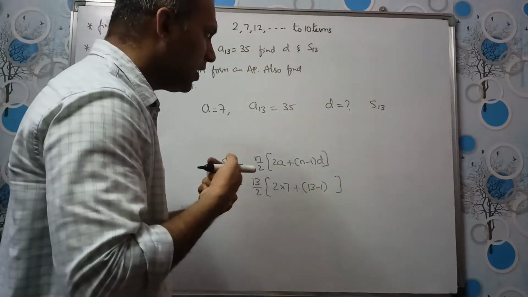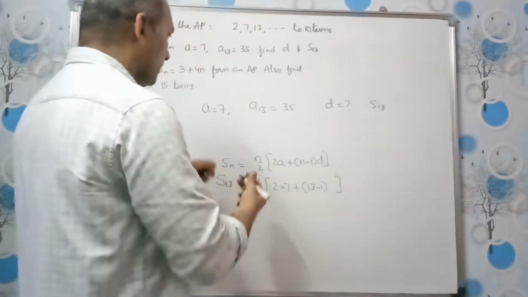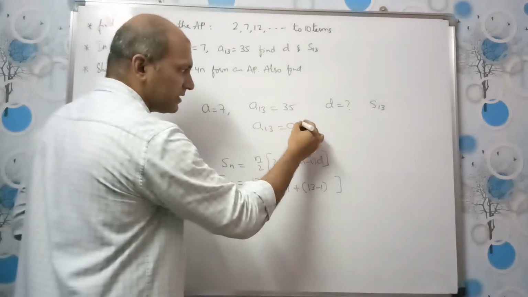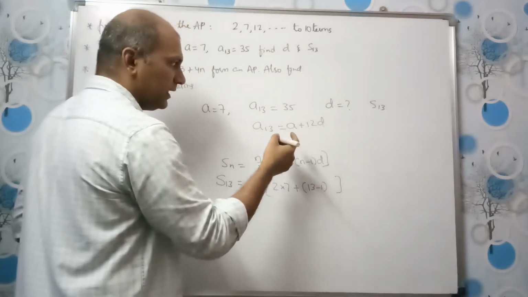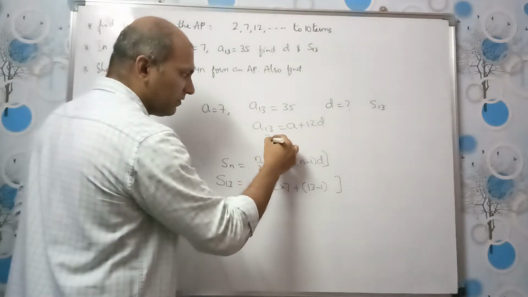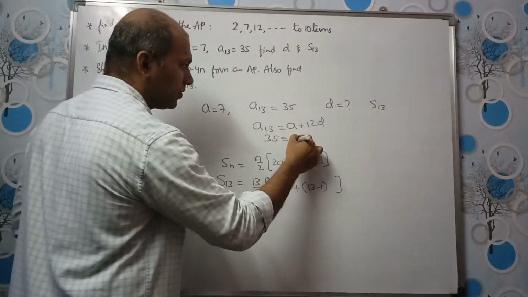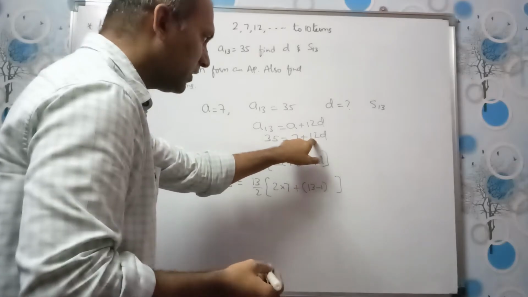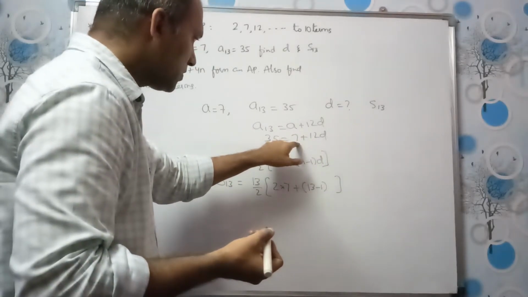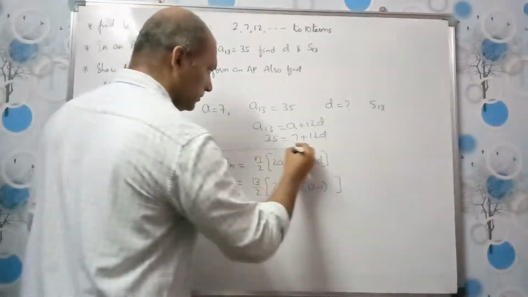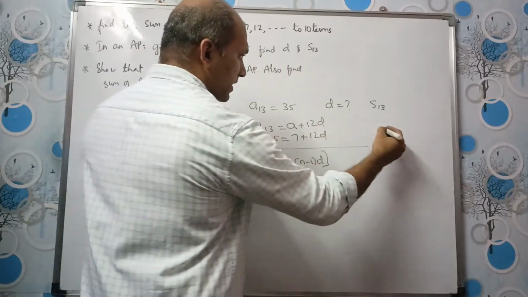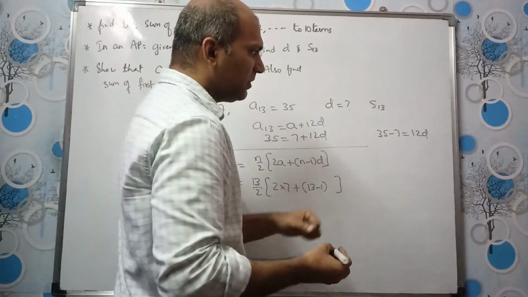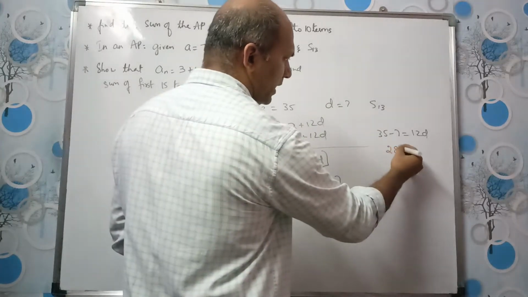The question is, how should we find D? We know A13 is A plus 12D. A13 is 35 given, and A is equal to 7, so 35 is 7 plus 12 into D. From this equation, we can find the value of D. So send 7 this side: 35 minus 7 is equal to 12D. 35 minus 7 is 28, right?